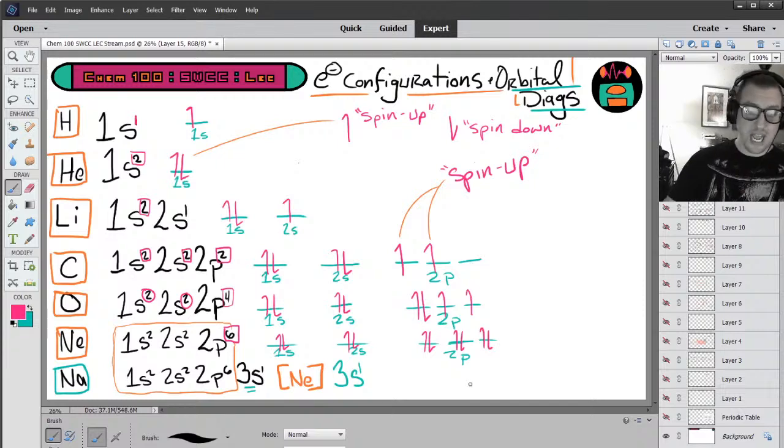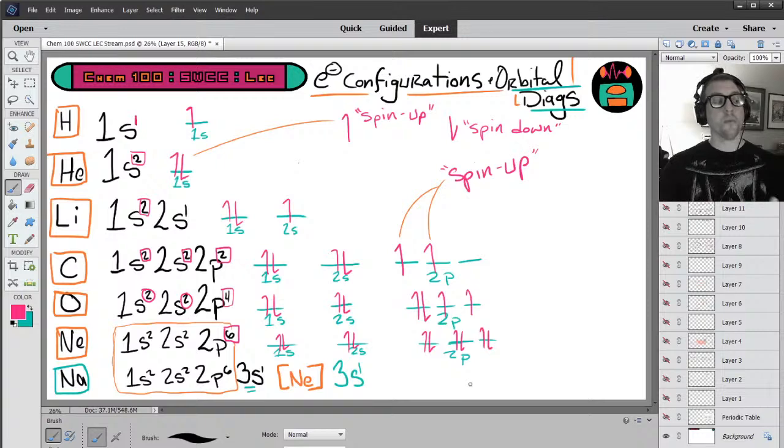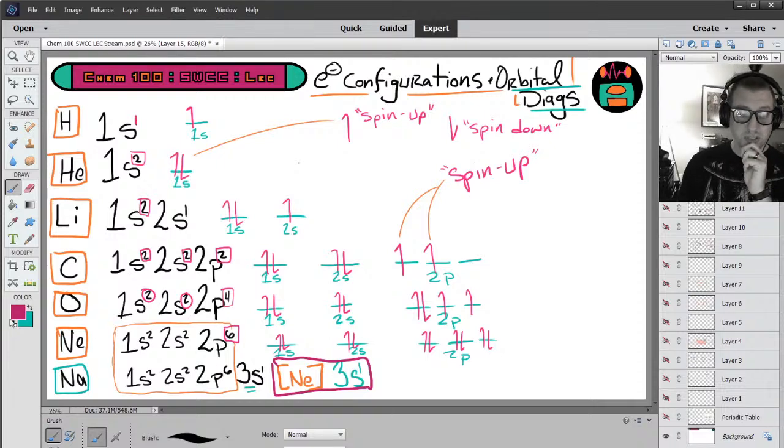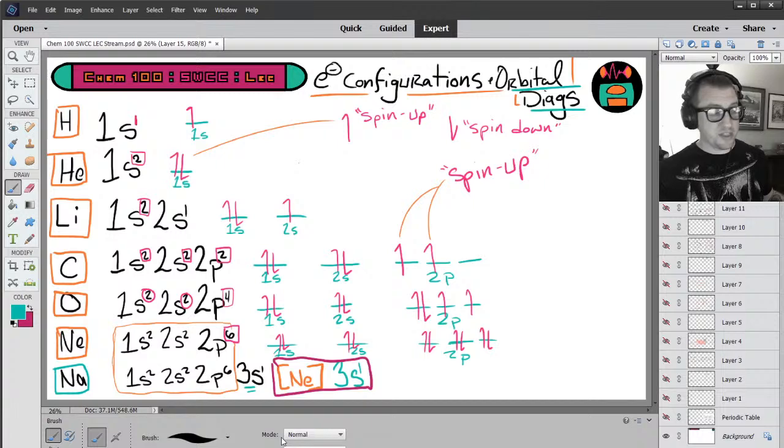Now, let's look at sodium. We said one of the differences with orbital diagrams is you draw out every orbital individually. Another benefit, if you will, to orbital diagrams is you only have to draw out the valence electrons. Because we're using the noble gas abbreviation here with neon in brackets, we don't care about the inner core electrons.